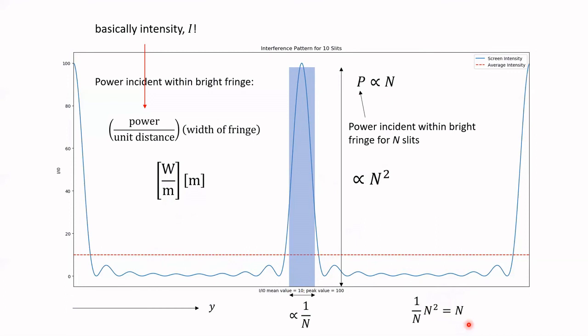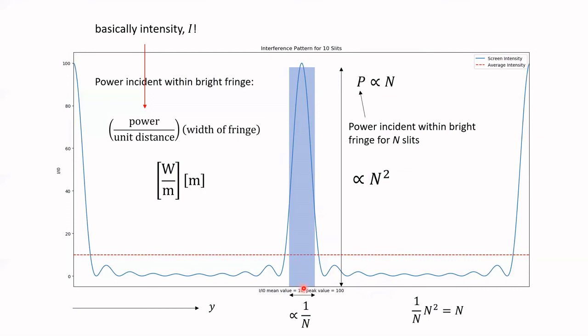Have I confused you? We know that the power incident within each bright fringe is proportional to the number of slits. And so the only way for the height of the rectangle times the width of the rectangle to give you that appropriate dependence on n is if the width is proportional to 1 over n.